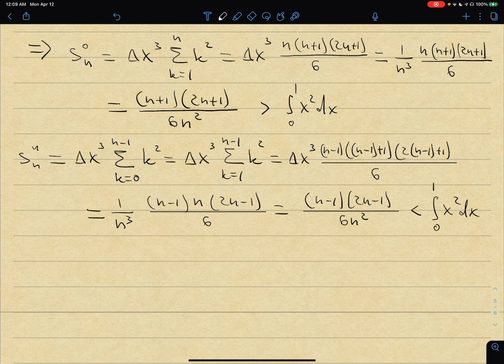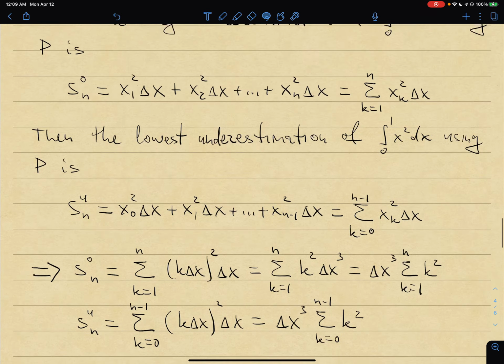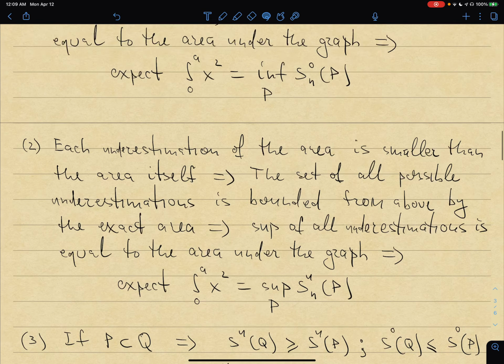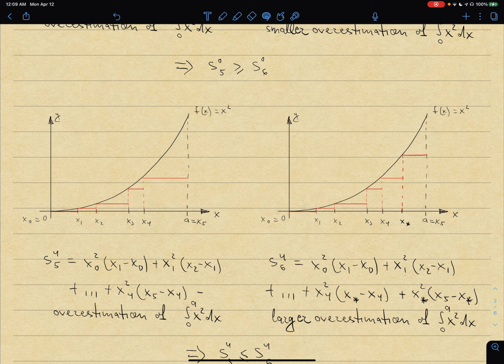Okay, so then we said that if I take all possible underestimations of the area under the graph of my function, using any possible type of intervals, equal length or not equal length, let me scroll back to where we were. Right, so when I consider any possible partition of my interval, like what is drawn in here, then this is an underestimation.